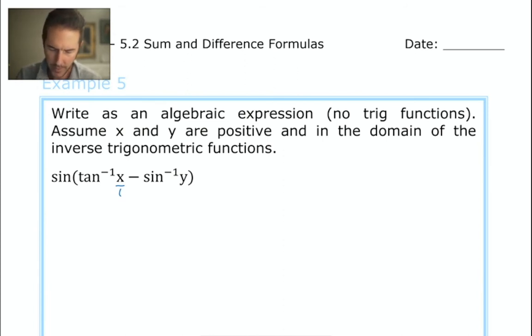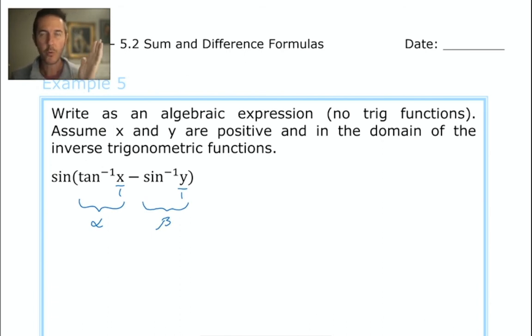So while that is x over 1, and I'm going to call this y over 1, I'm also going to note that once I figure out that inverse tan, that's going to be an angle measure that I'm going to call, you know what, let's call it alpha. And once we evaluate this inverse trig function, the result is going to be an angle measure, let's call it beta.